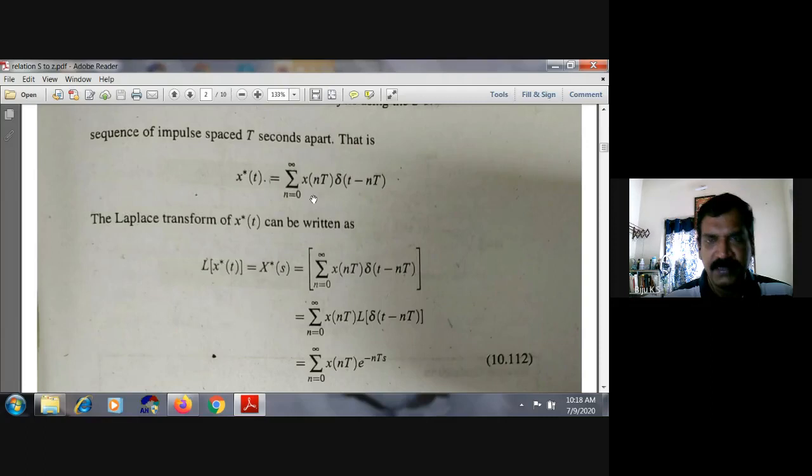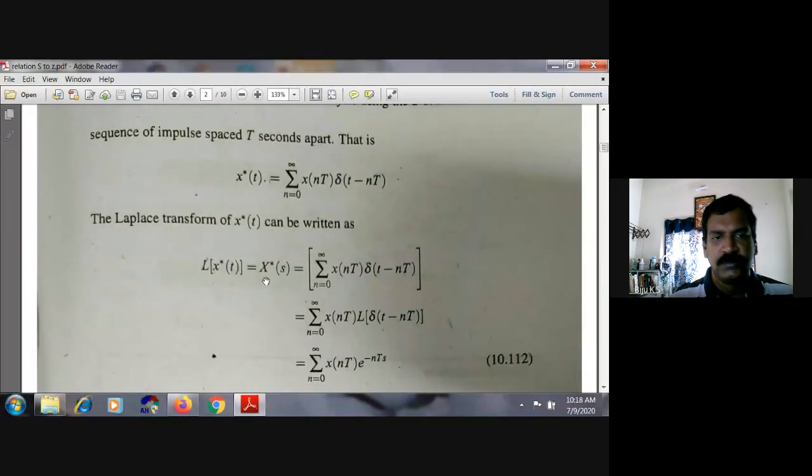After sampling x of t, you get x of nT. So after sampling, x of t is represented as x of nT multiplied with the shifted impulse sequence delta of t minus nT, where n is from 0 to infinity.